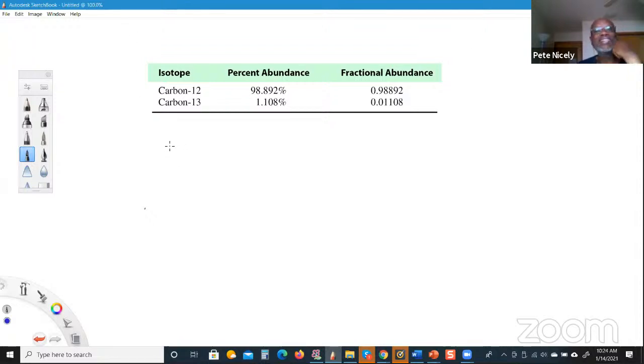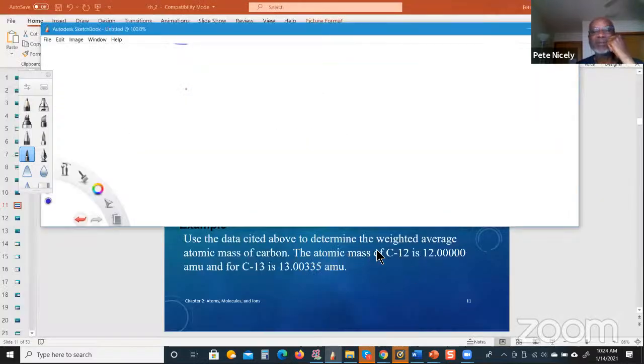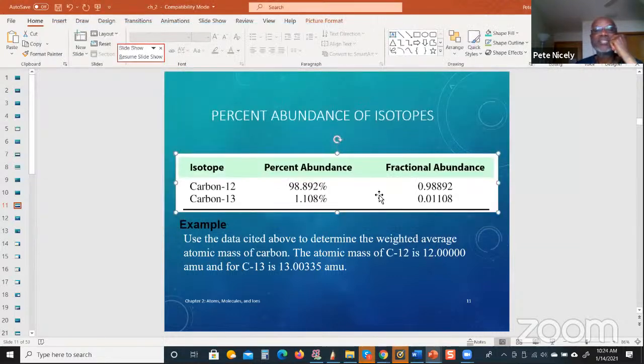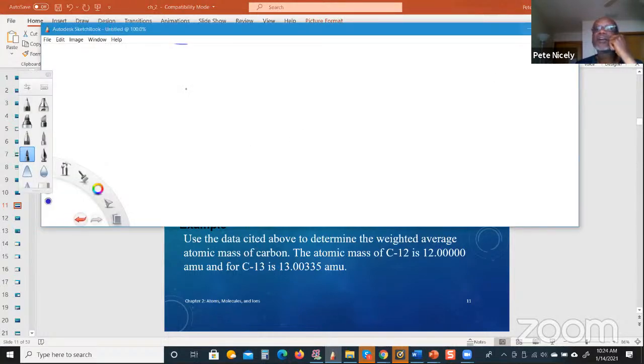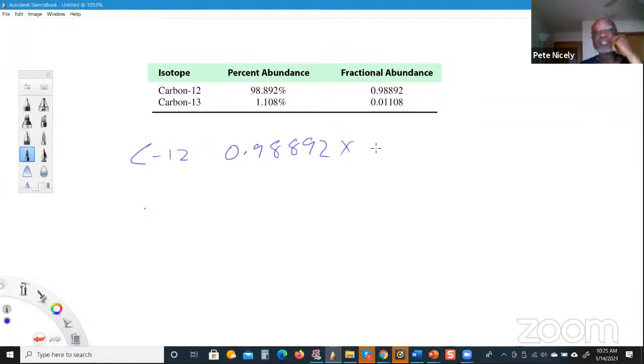So the way we would calculate this is that for carbon 12, I would multiply the 0.98892 by the atomic mass of that carbon 12, which means I have to go back to this again. So the atomic mass of carbon 12 is 12 point and then 5 zeros after the decimal point. So 12.00000, and this would be AMU.